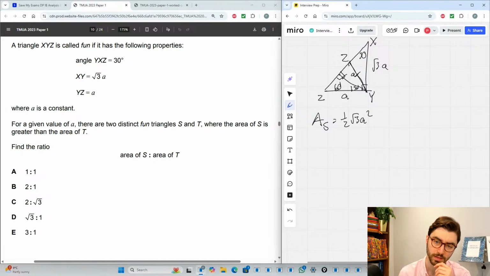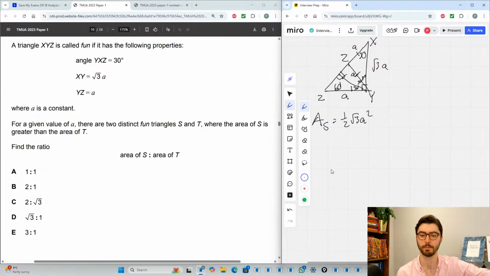So that becomes 30, so that becomes 30, so that becomes 30 as well, which is interesting because that means that's A. Which then splits that. Hold on, I need to make this diagram bigger.